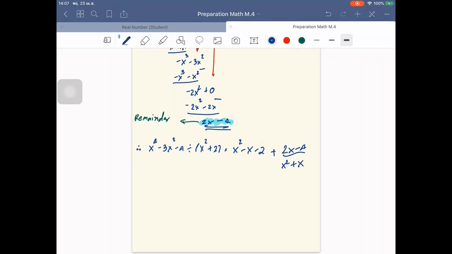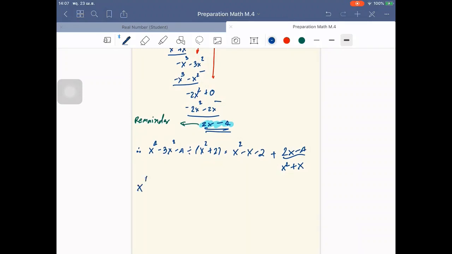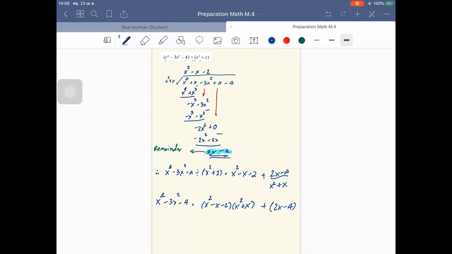That is the first way to conclude. Another method to conclude the answer is to multiply with this one and plus the remainder. That's it. Okay, I'll give you some time to take some notes.